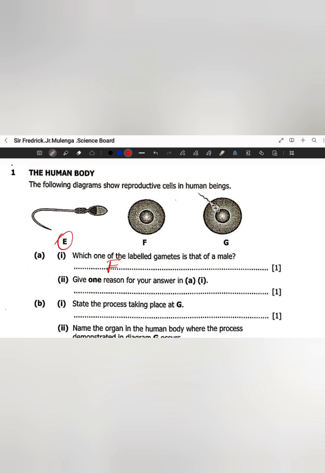You have so many reasons to give here. You say, because it has a tail, or rather a flagellum. That's what has convinced you that diagram E belongs to the gamete of the male.